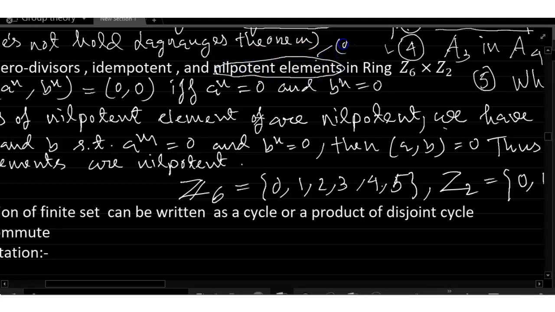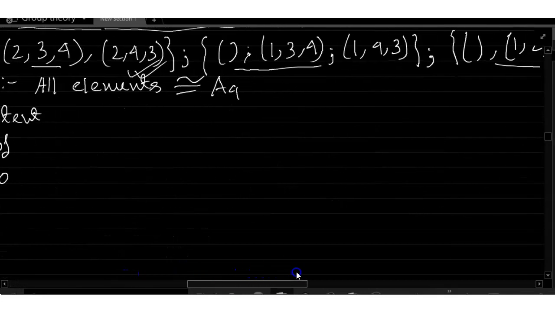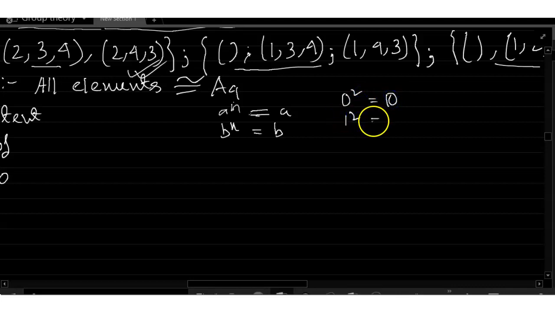An idempotent element is a to the power n equals a, b to the power n equals b. 0 squared is equal to 0, 1 squared is equal to 1, 4 squared is equal to 4, and 3 squared is equal to 3.